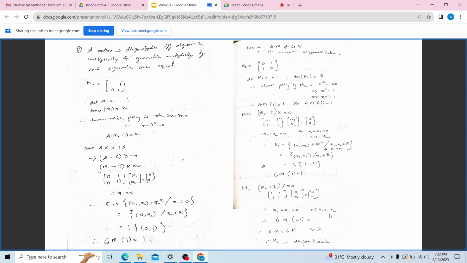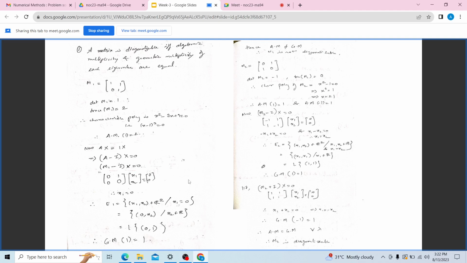So when we form it by the same method, you will get that the geometric multiplicity of minus 1 is again 1. So for both the eigenvalues, you have got geometric multiplicity 1 and the algebraic multiplicity is also 1. That is, the algebraic multiplicity equals the geometric multiplicity for all the eigenvalues. Therefore, we can say that the M2 matrix is diagonalizable. Fine.